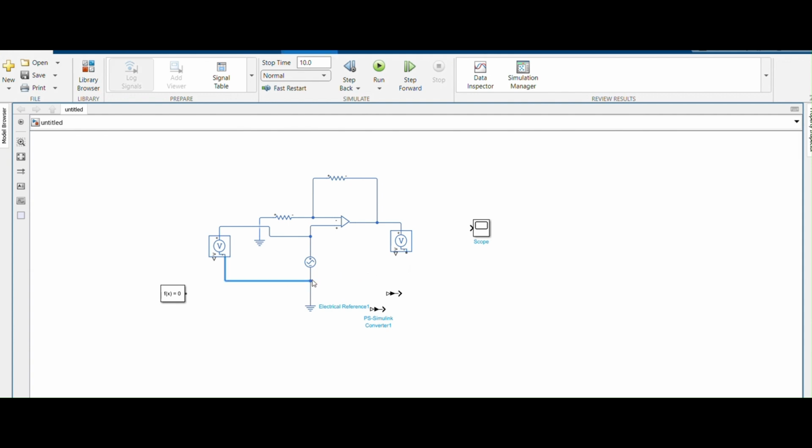Then the output of the voltage sensor will be connected with the Simulink converter, and it will be connected to the scope.